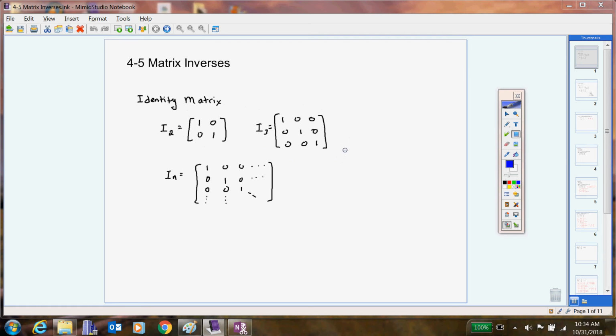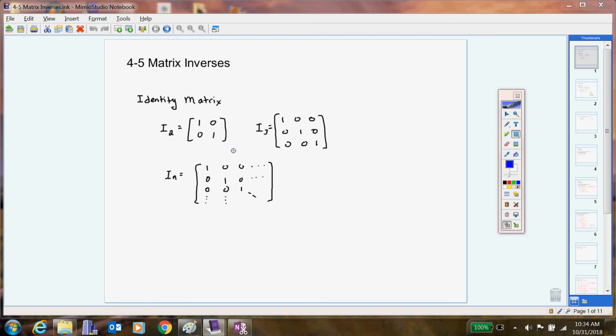Instead of it just being a simple 1 or a simple 0 for an identity number, in a matrix the identity matrix is a square matrix that has 1s across the diagonal. It almost makes you think of echelon form, but it's also got 0s in the rest of the spots.